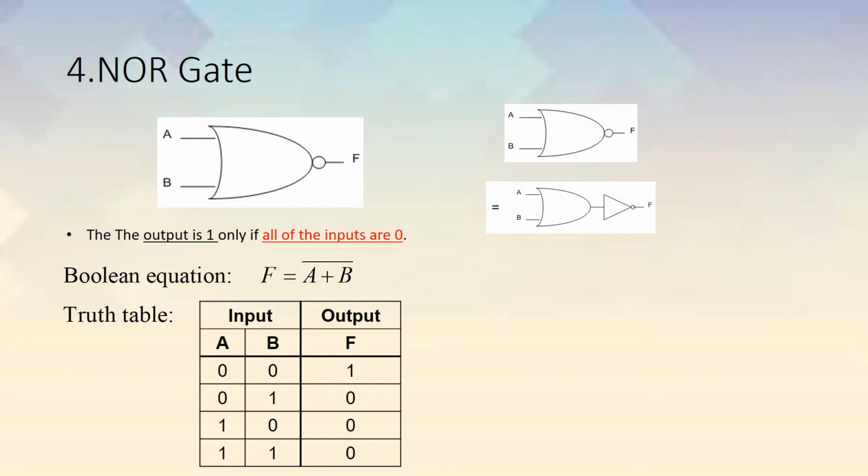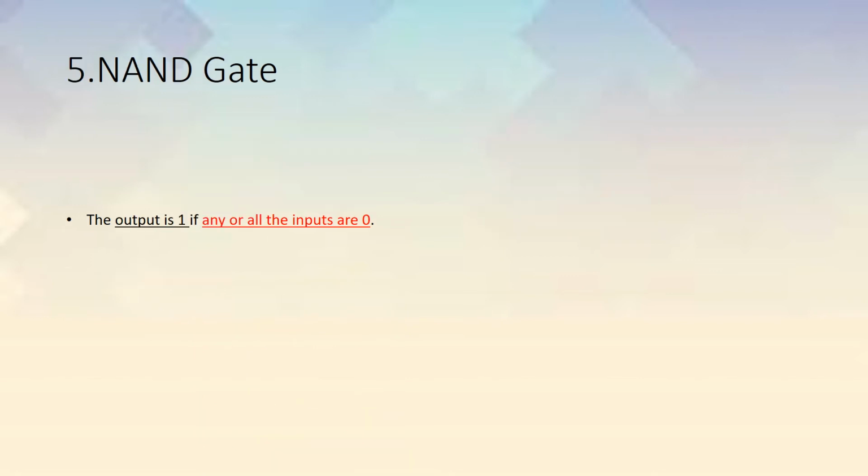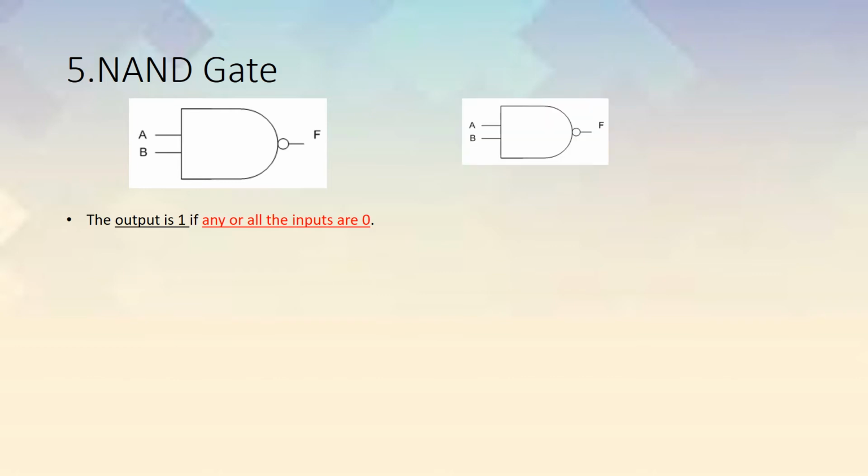Now we go to number 5, the NAND gate. This is the NAND gate symbol. Look, it also has a bubble at the output. So the symbol looks like this, also like this.